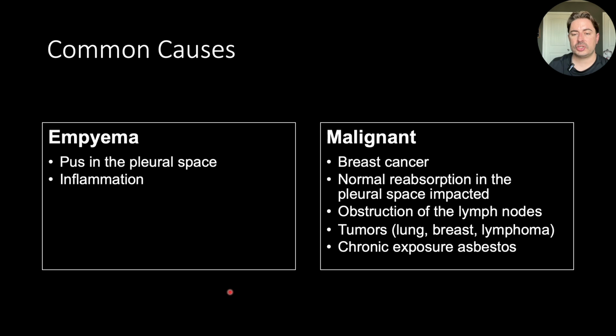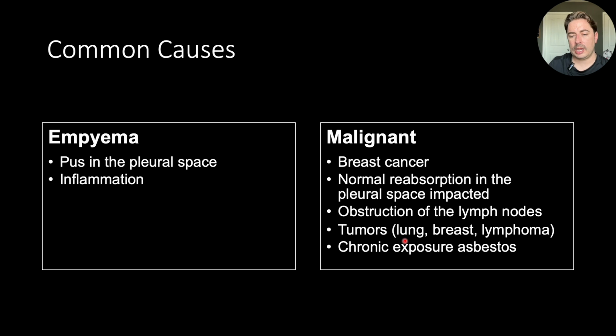So these tumors can obstruct the lymph nodes. Remember, our lymph nodes are our garbage truck. They're the ones removing all the extra waste out of our pleural space and moving it back into systemic circulation.